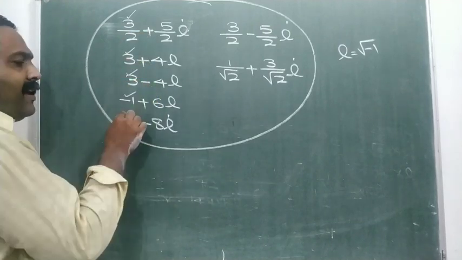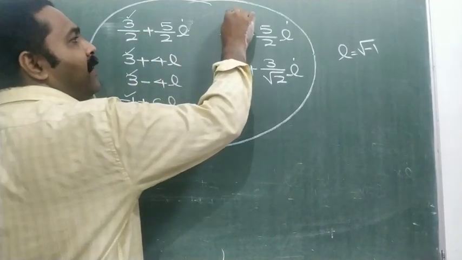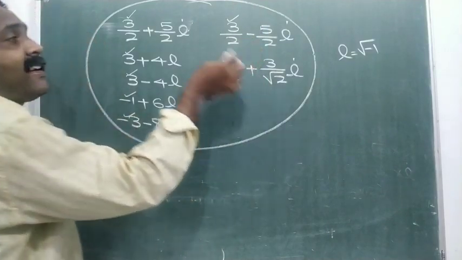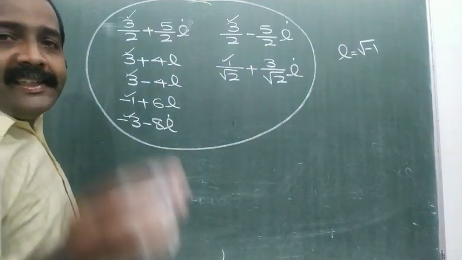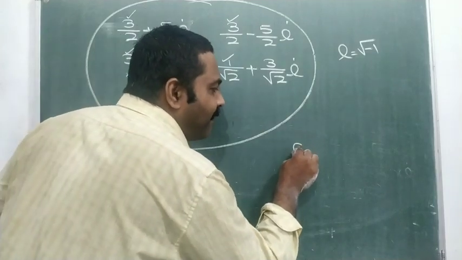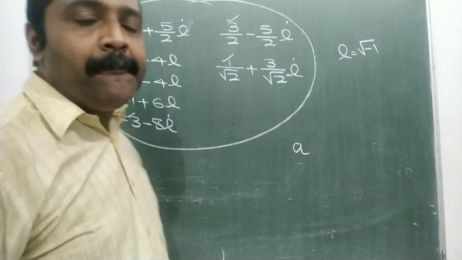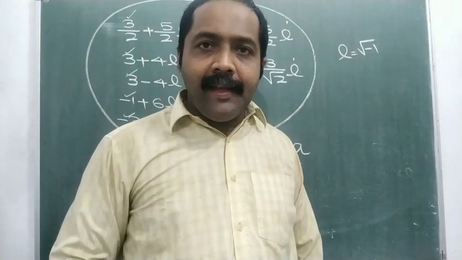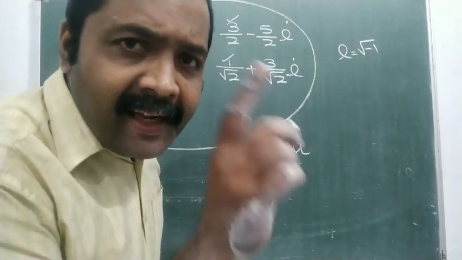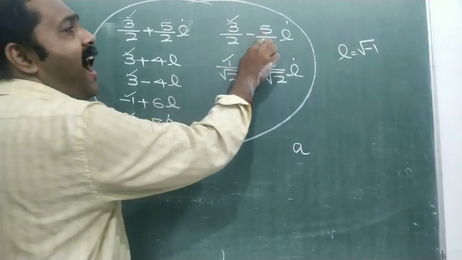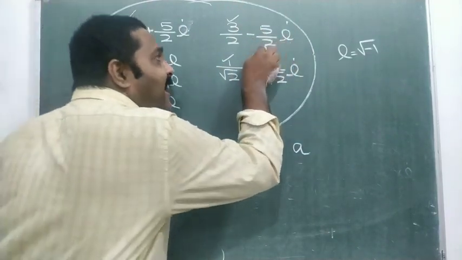Look here, the first term is a real number, generally represented by a. The second term includes i and a real number.